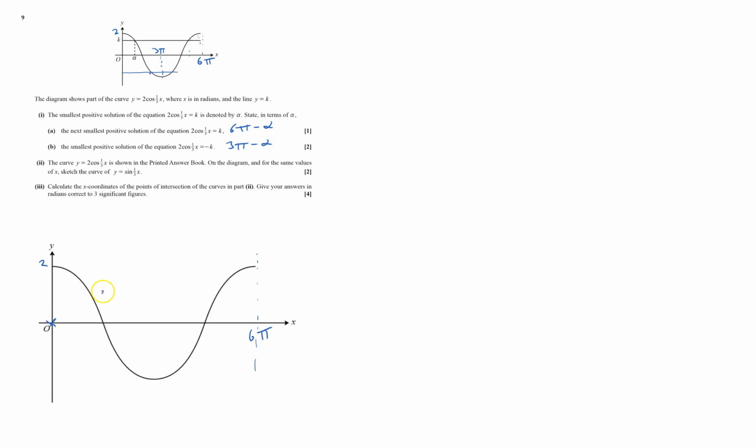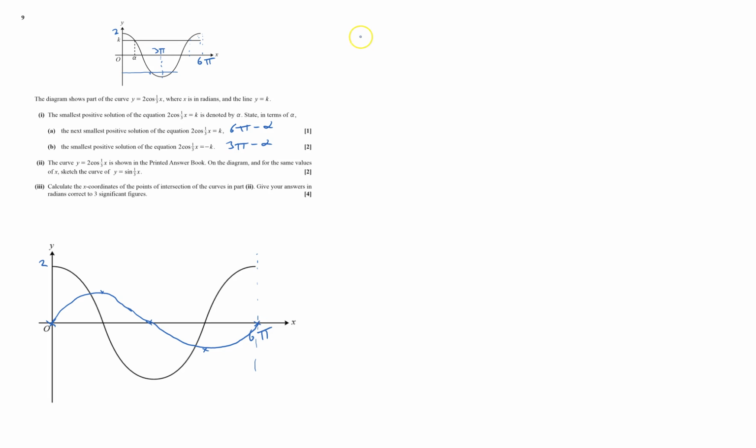So it will go through that point there. The next one, when this is at the bottom, this will be there. And when this is there, this will be at the bottom, but it'll be minus 1 now. And then it's going to have the same period, so I'll get back to here. So now all I have to do is just join those points up with a smooth curve, but that's not too bad.